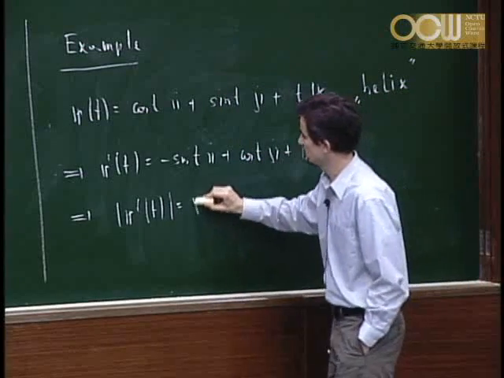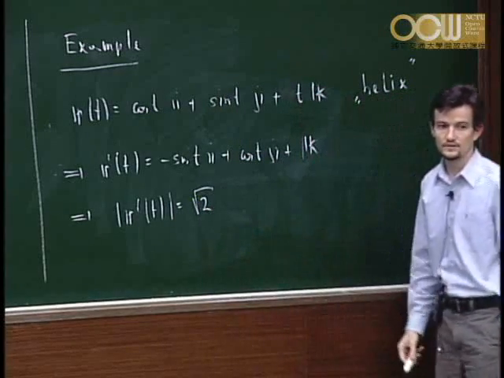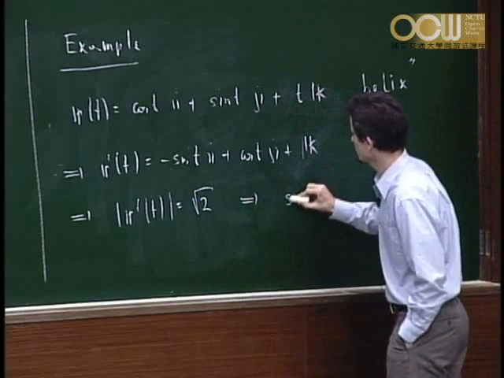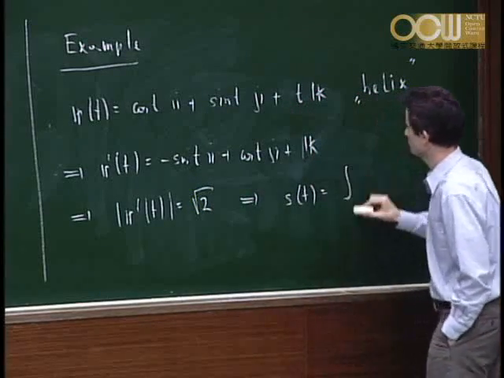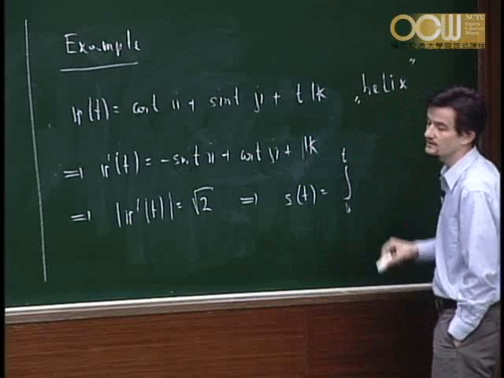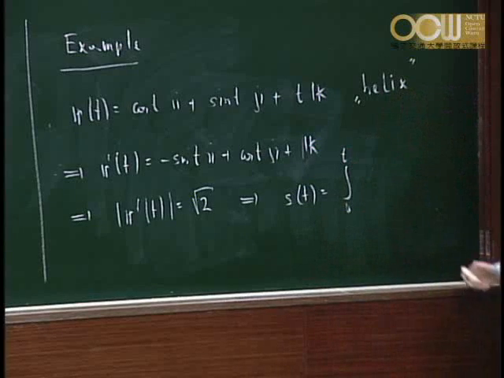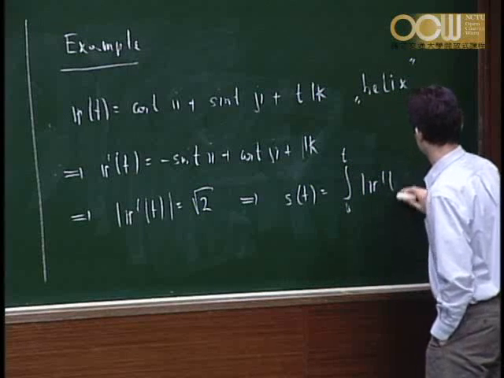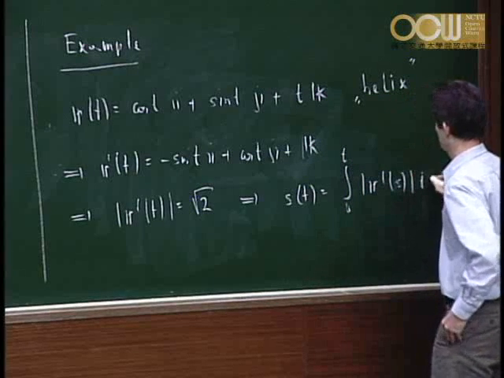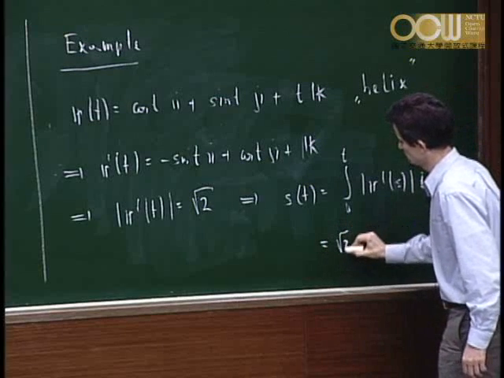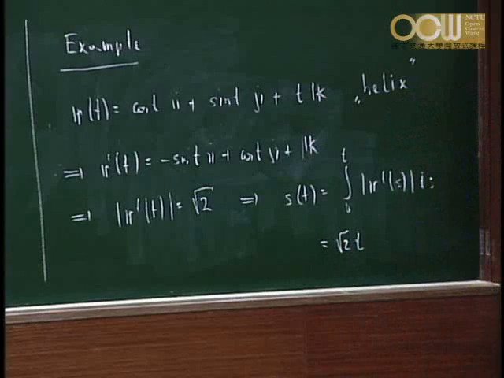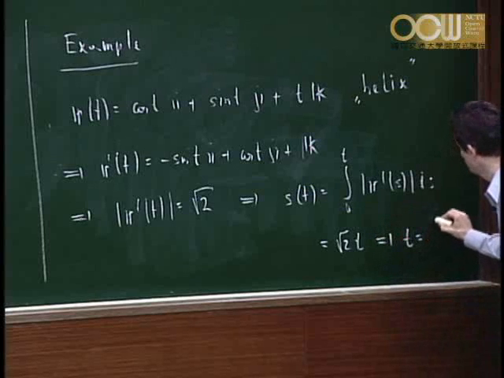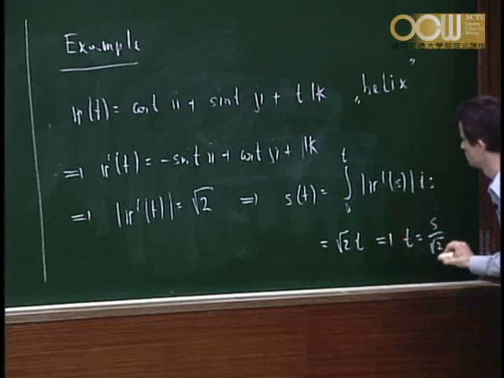So what you have is square root of 2. So the arc length function, if we start with the parameter t from 0 to t of the helix, here I should write s, is an easy function. So you see that t is equal to s over square root of 2.